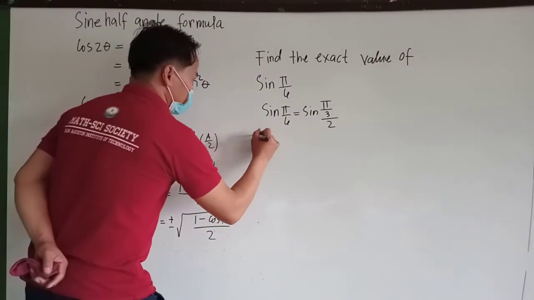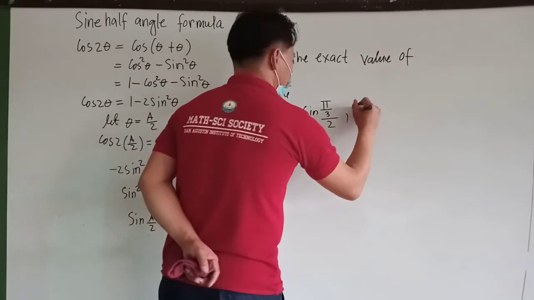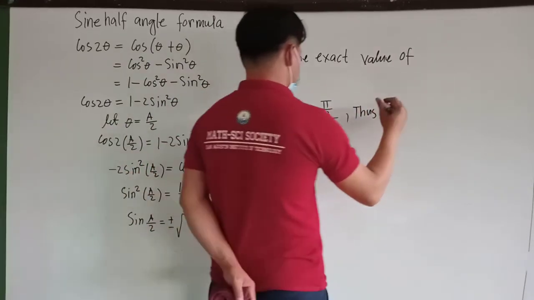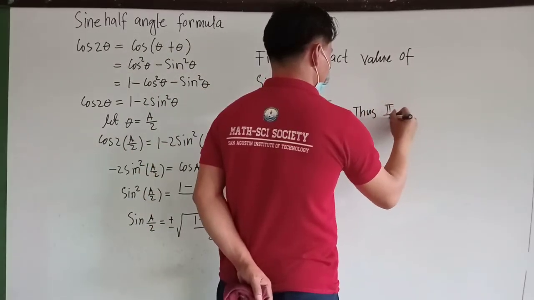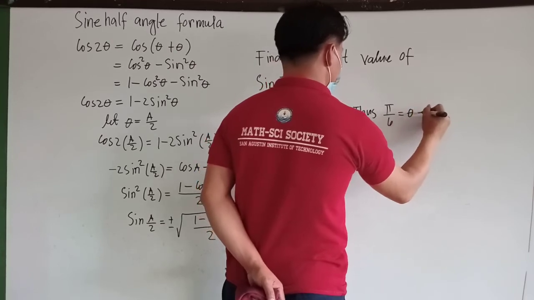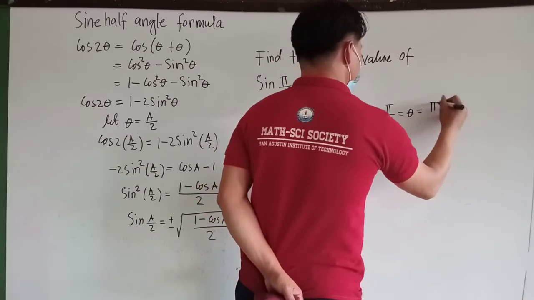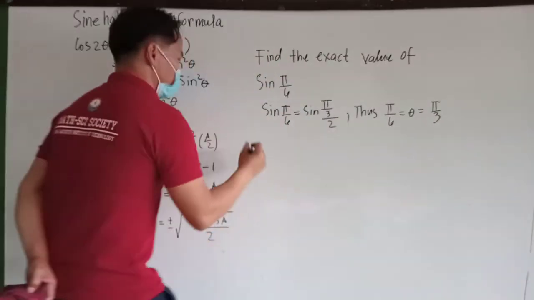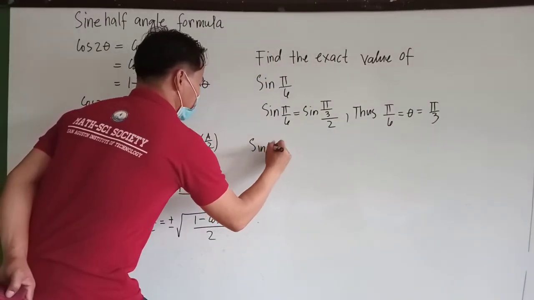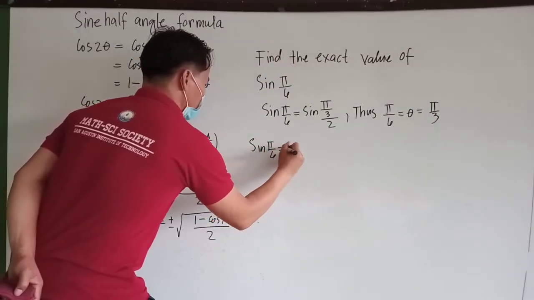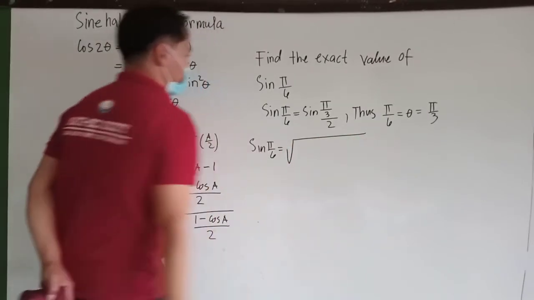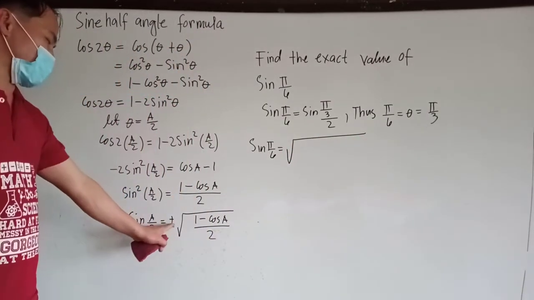Therefore, we have pi over 6 as a over 2, so a is equivalent to pi over 3. Therefore, the sine of pi over 6 is equivalent to the square root, and since it is in quadrant 1, we still have to use the positive sign.